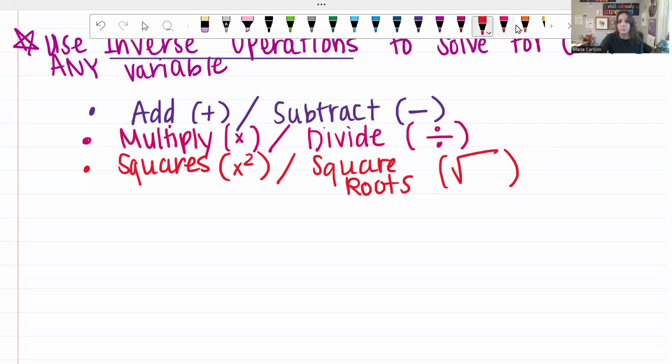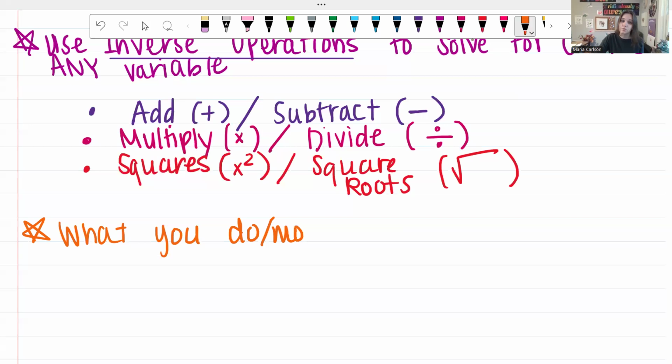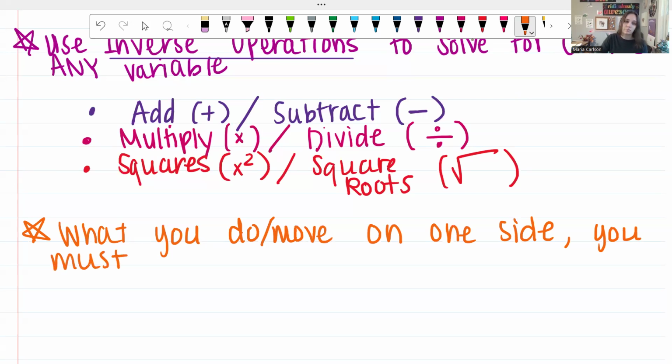The main key point: whatever operations you perform on one side, you must do to the other. So keep your equation balanced.